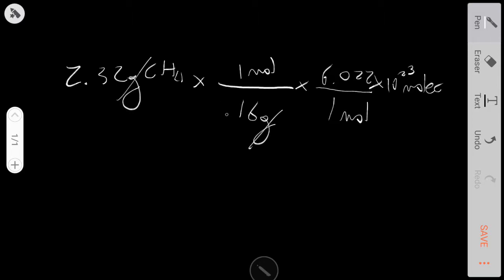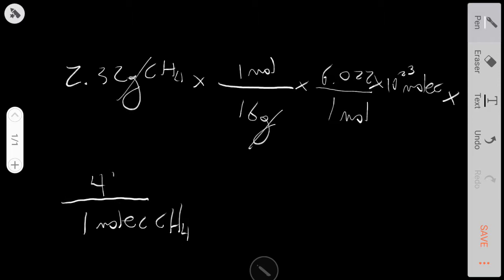There's one more step though. I need to get rid of molecules because the question is actually asking how many hydrogen atoms. So let's further multiply this out. I'm running out of space, so I'm going to continue down here. That's going to be times, well, in one molecule of CH4, how many hydrogens do I have? 4.